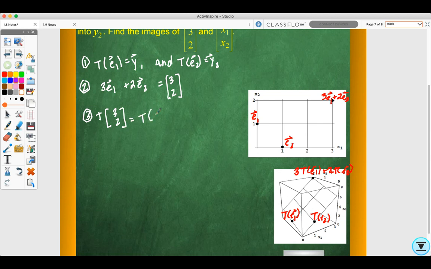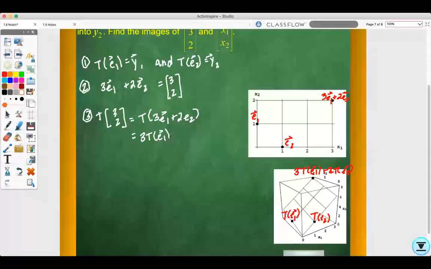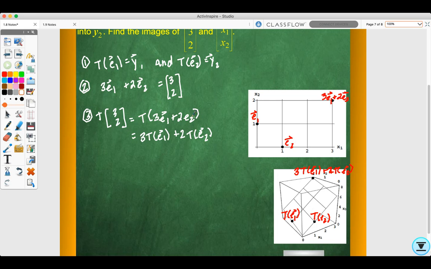So this would be the transformation of 3e1 plus 2e2, which we know we can write by factoring out those constants, those scalars. And we know that e1 transforms to y1 because that's what they're mapping it onto. So this would be 3y1 plus 2y2 because e2 maps into y2.